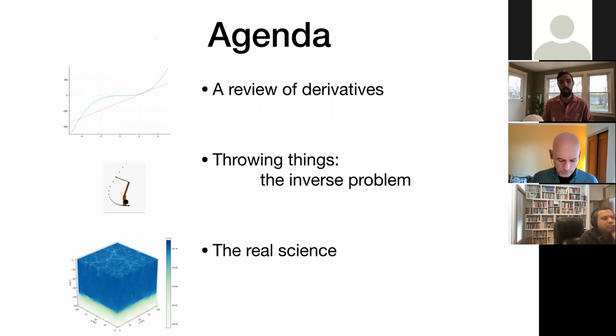And we'll see how that plays out, particularly with respect to throwing things with a trebuchet. So it's a fun, interactive example where we can use lots of different ways of taking derivatives and really see three key ways in which derivatives can help us understand systems and model them better.